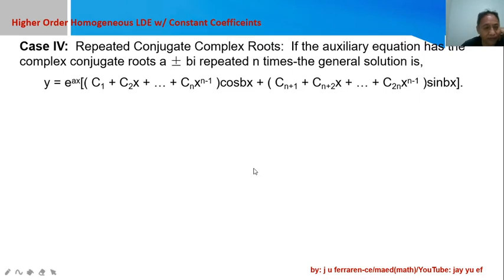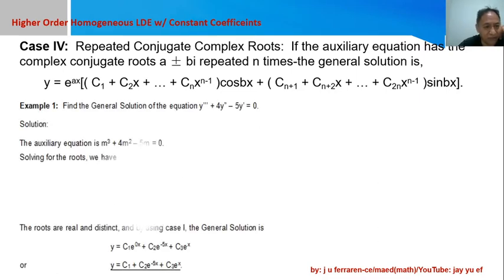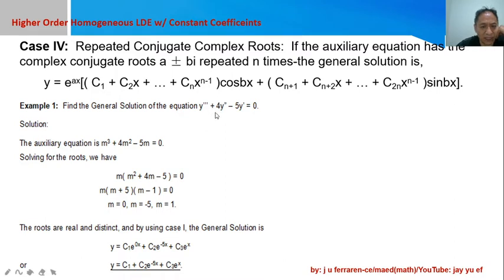Okay? Example: we are asked to find the general solution of y triple prime plus 4y double prime minus 5y prime. Now, immediately give the auxiliary equation. If there is a derivative involved, then there is m in the auxiliary equation. So, m cubed, this is 4 plus m squared, correct? Minus 5, that's y prime, so there is m.